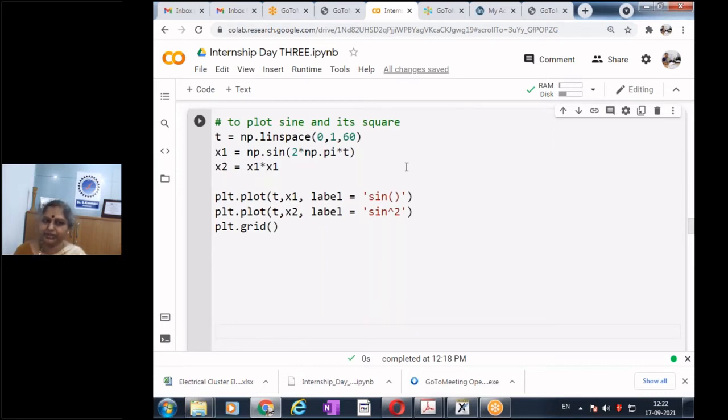This is a simple example. We are not having any function, it is just for multiplication. Please get the result. What happens when we square a sine?